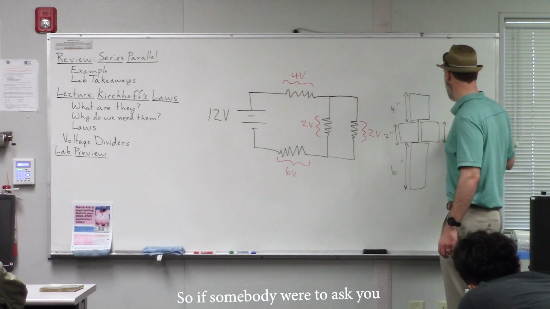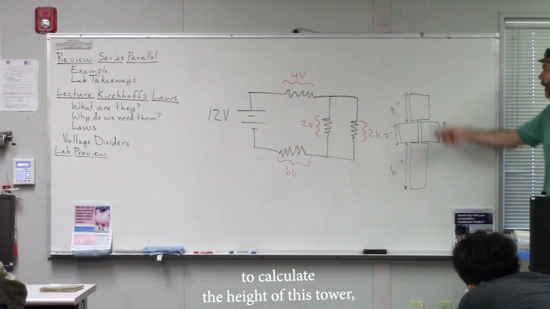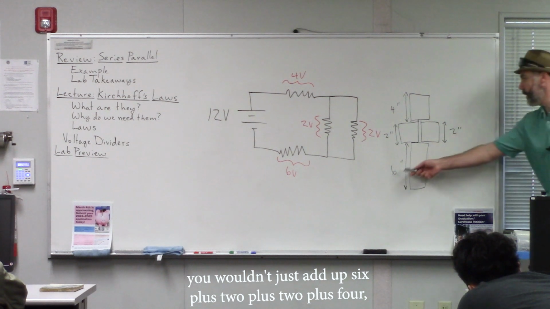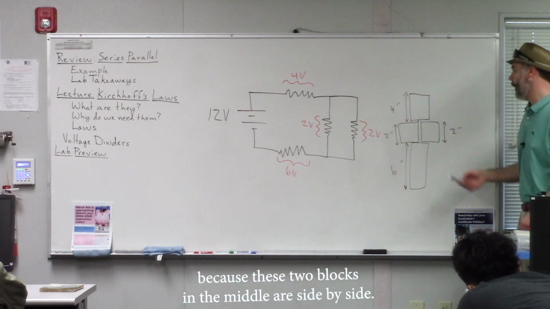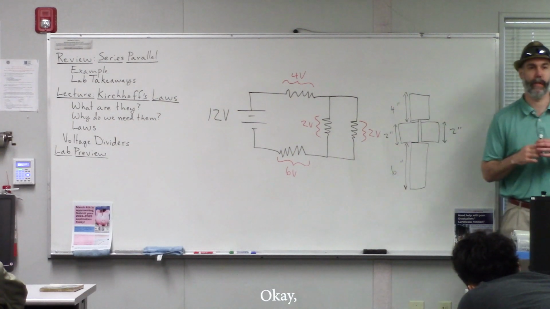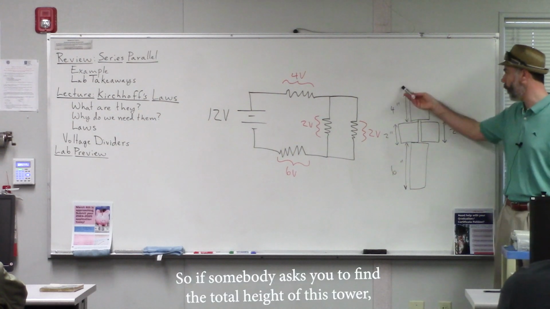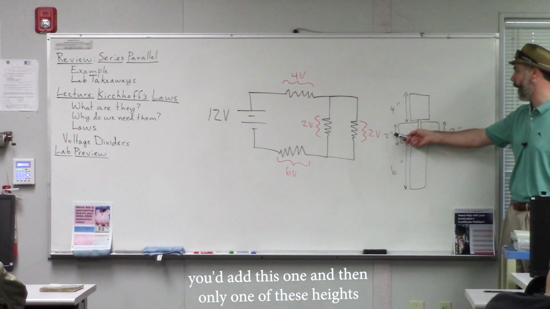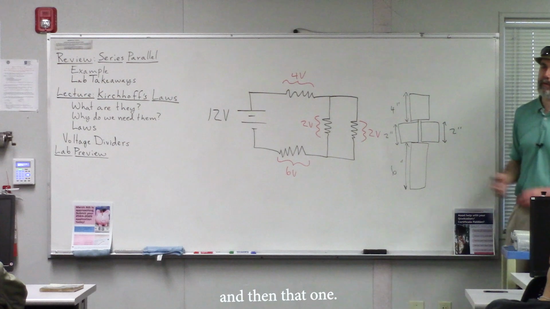Okay? So if somebody were to ask you to calculate the height of this tower, you wouldn't just add up 6 plus 2 plus 2 plus 4, because these 2 blocks in the middle are side by side, okay? So you'd add this one, and then only one of these heights, and then that one, okay?